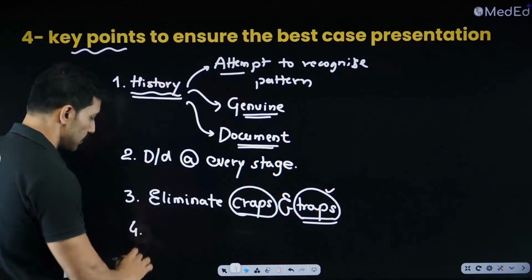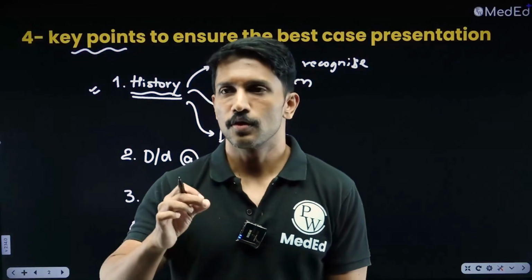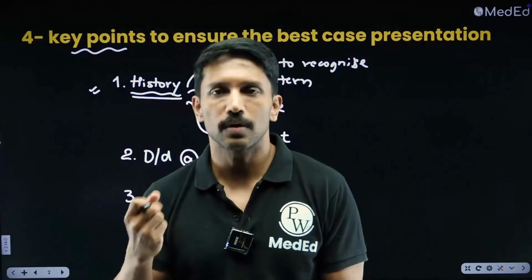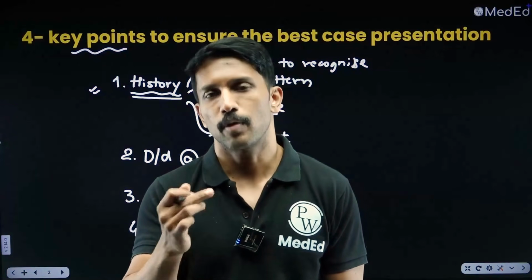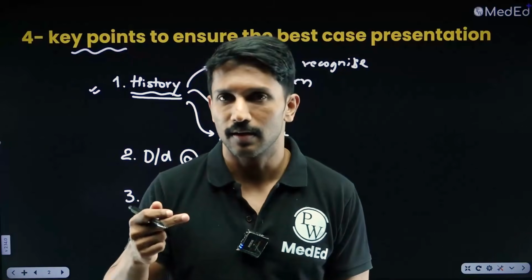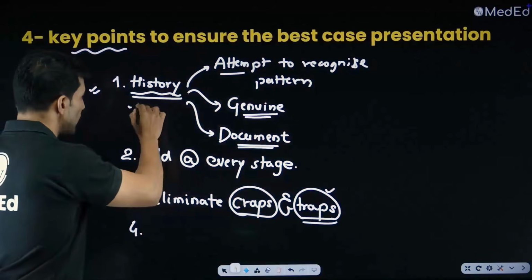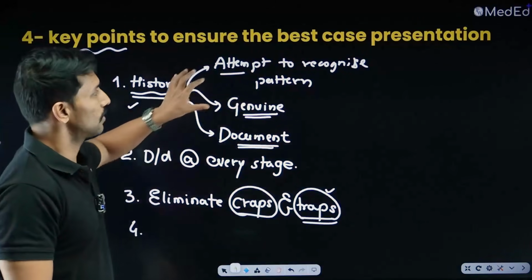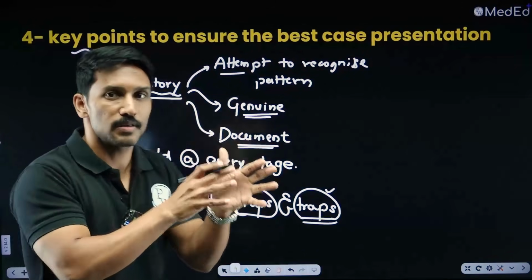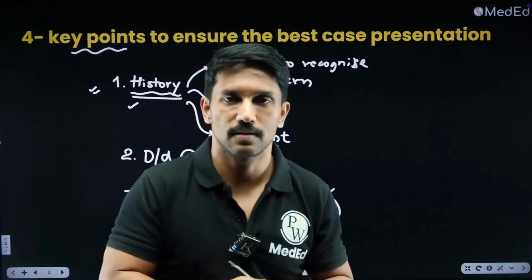And then the fourth part, practice. The more cases you present, you see, perfection is never achieved in one day. Perfection is achieved by repeating the same damn boring thing again and again. Now, despite all the steps, you're improving on history taking, you're now able to recognize, this is a respiratory system disorder, this is a CVS disease, this is a CNS disease.